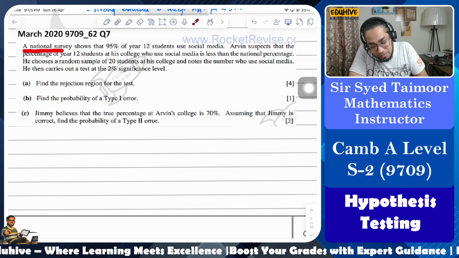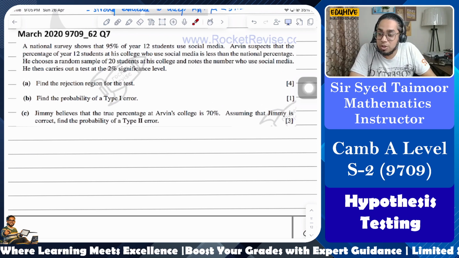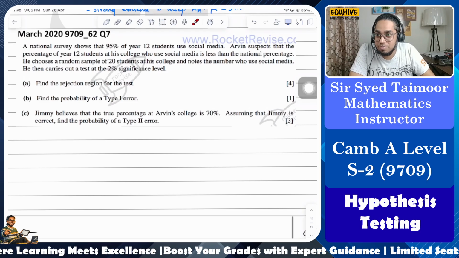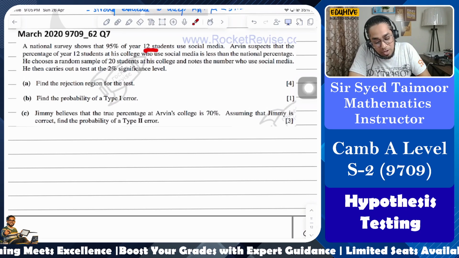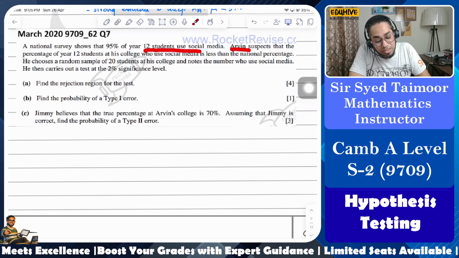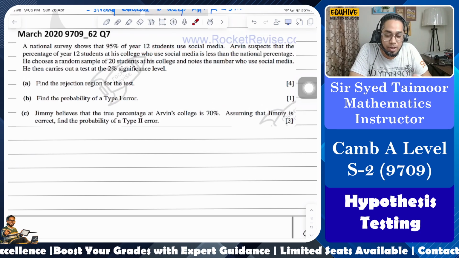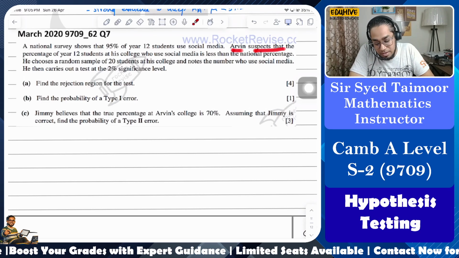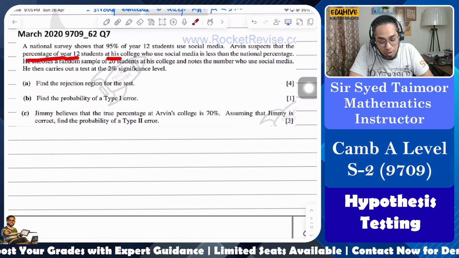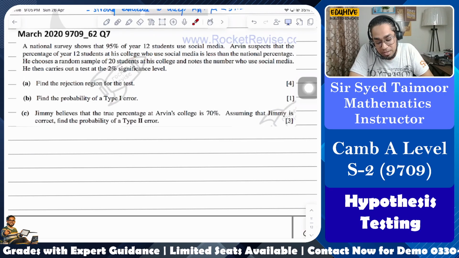A national survey shows that 95% of the year 12 students use social media. Arvind suspects that the percentage of the year 12 students of his college who use social media is less than the national percentage.